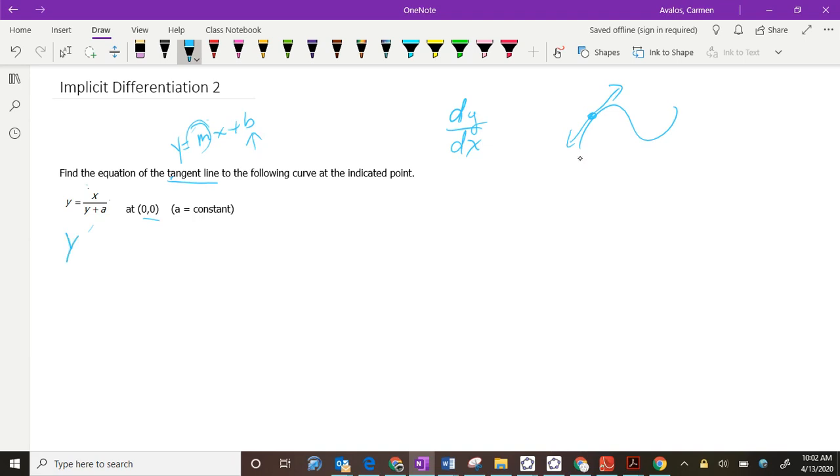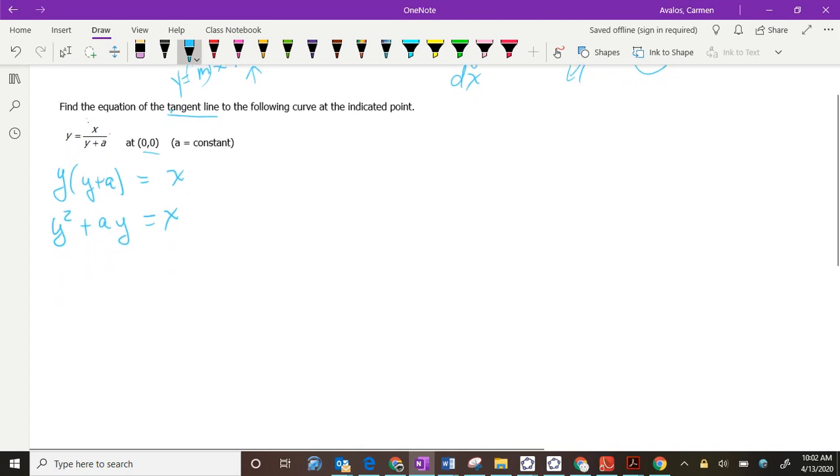So we get y times y plus a equals 2x. We could do the product rule, but I'm just going to distribute the y and get y squared plus a y. So this is a coefficient times y, equal to x. Then I can take the derivative the way it is right now.